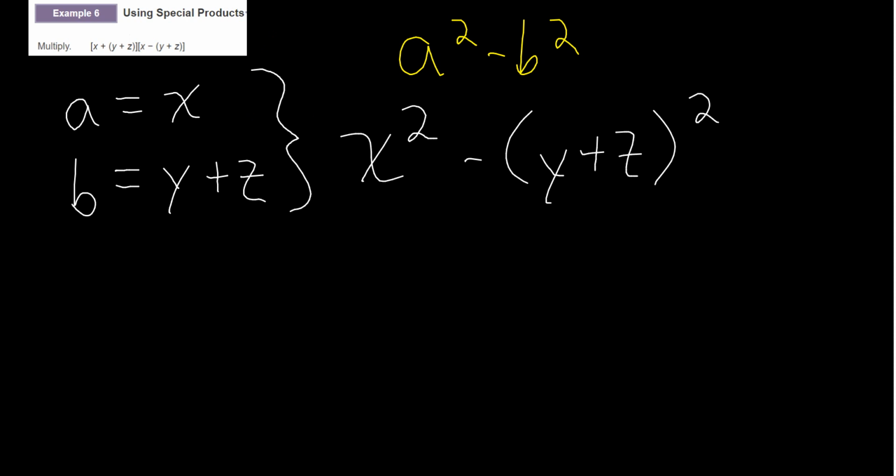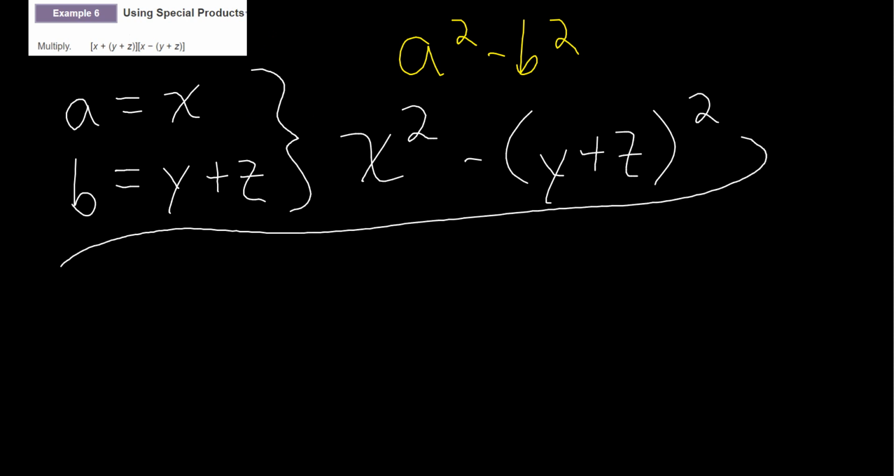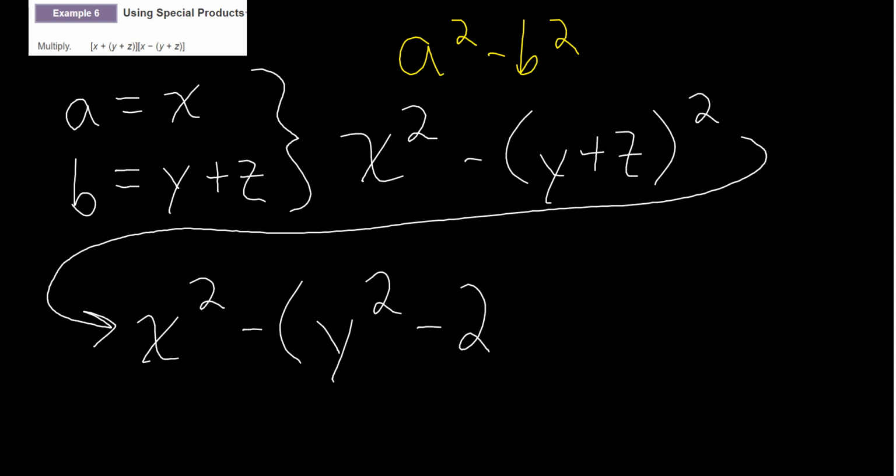So we're going to go ahead and fix this up. Let's put a little arrow going this way. So we can say x squared, and then it's going to be minus, well, what is y plus z squared? As we said, it's y squared plus 2yz plus z squared, right? That's what we got, our perfect square trinomial formula.